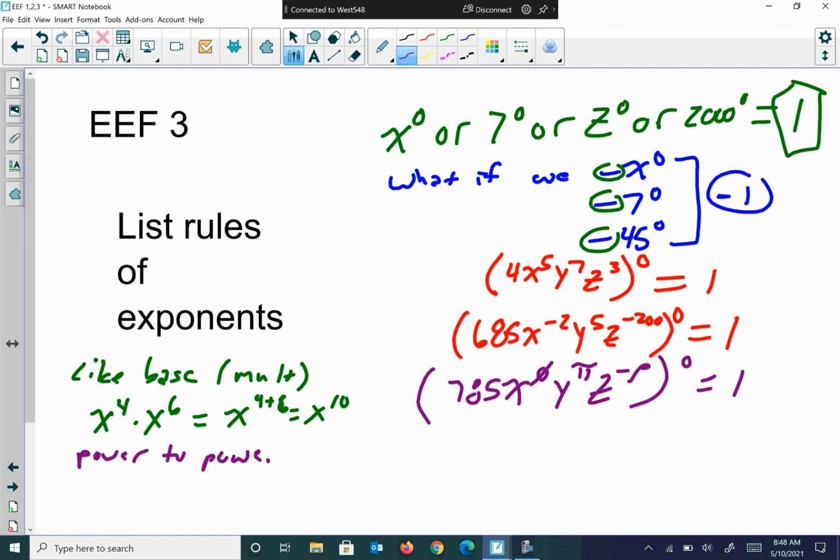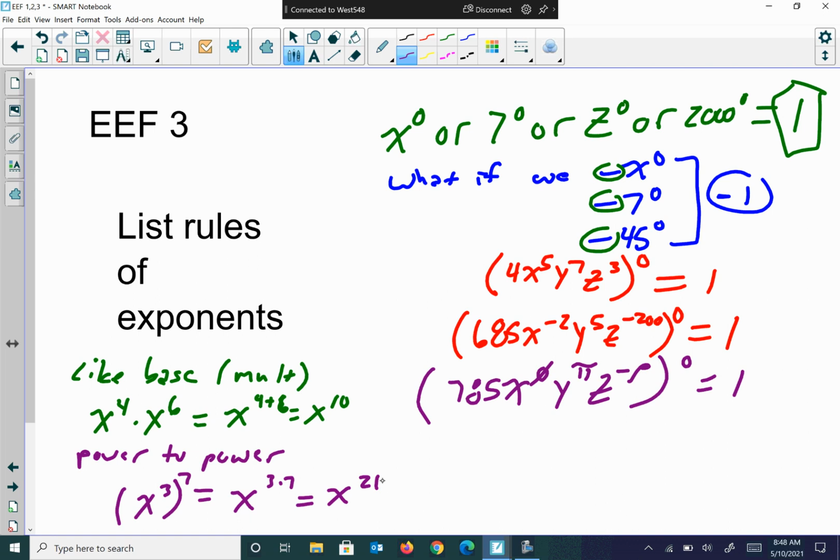So if you had x to the 3rd raised to the 7th, you would go x to the 3 times 7, which is x to the 21st power. Okay, so power to power, you multiply the exponents. Same base when you're multiplying them, you add the exponents.